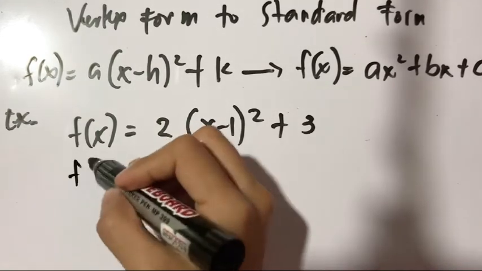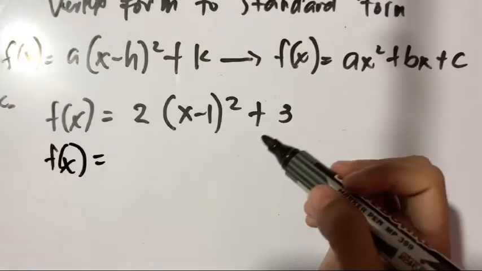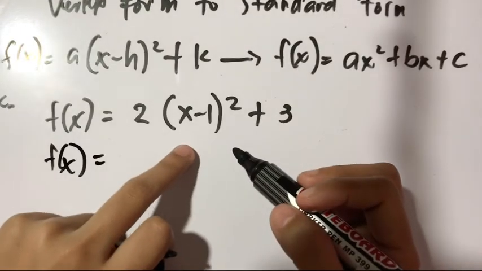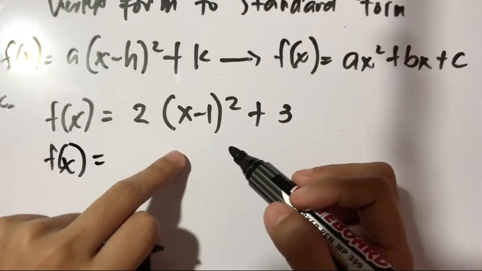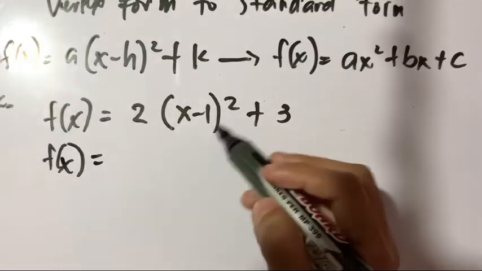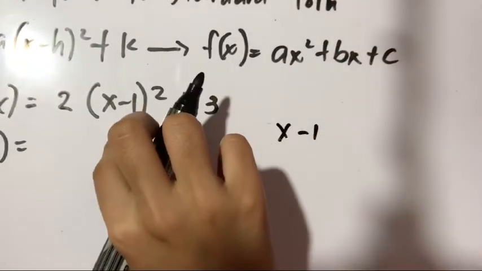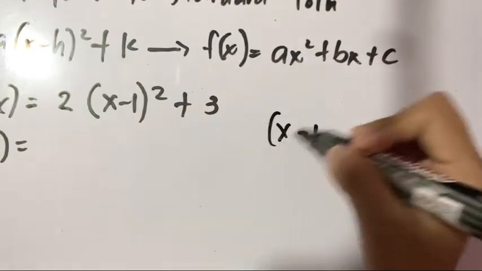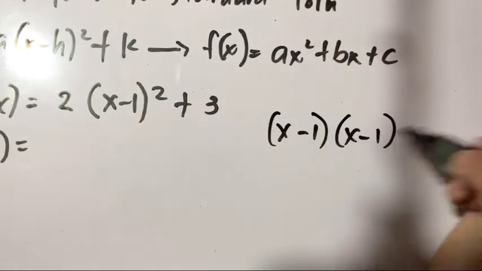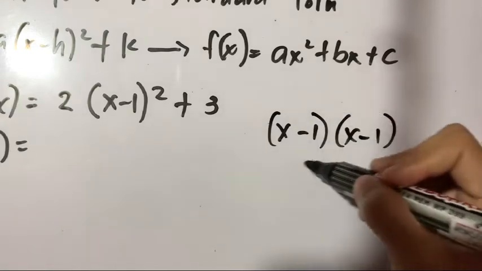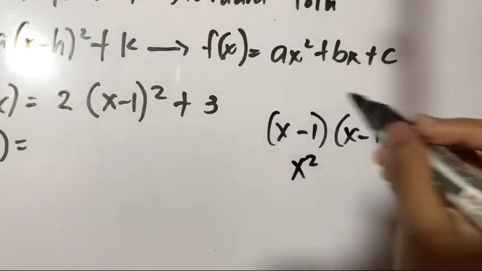So we copy, f of x equals, now we'll start with the terms inside the parenthesis that is squared, so we have to use the FOIL method. X minus 1 squared is simply x minus 1 times x minus 1, no? So x times x, we have x squared.